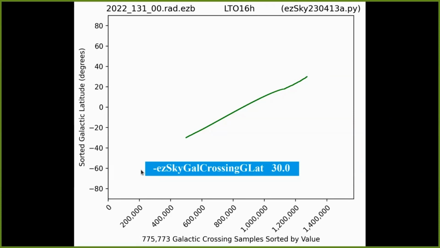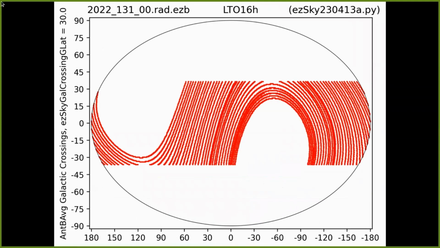It was created with an ezSky keyword of ezSky, gal crossing, galactic latitude, and the value 30. With that value of 30 shown in the top left, this is one of the ezSky plots showing those drift scan samples that meet that criteria.